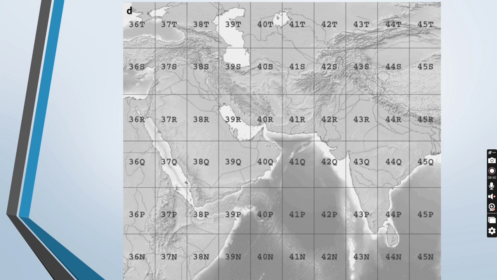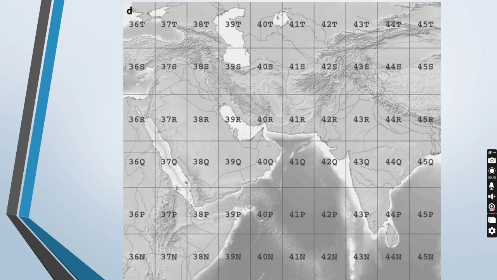You can see that zones 42 to 46 broadly cover India, and mostly 4 latitude bands, from P to S: P, Q, R, S cover India.